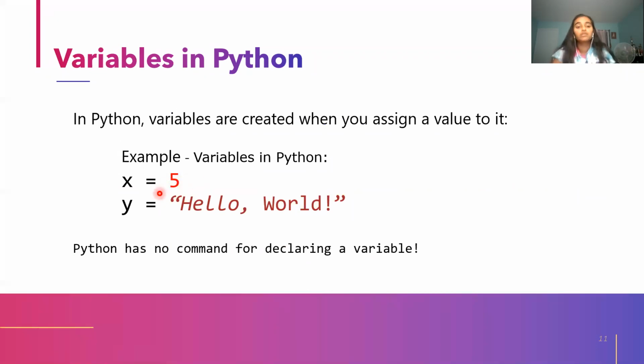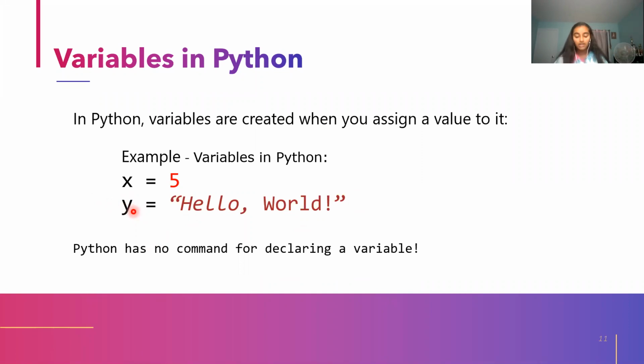What that's going to do is anywhere in your program where you call x, it stands for 5. So rather than typing a 5 every time, you can leave it as x. In this second example, y equals the string hello world. What this does is instead of having to type hello world every time, it gives you that value.